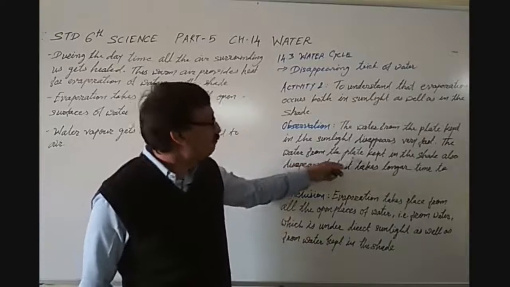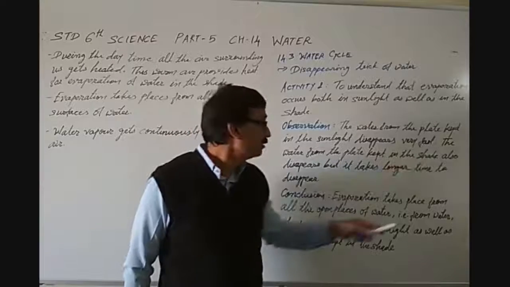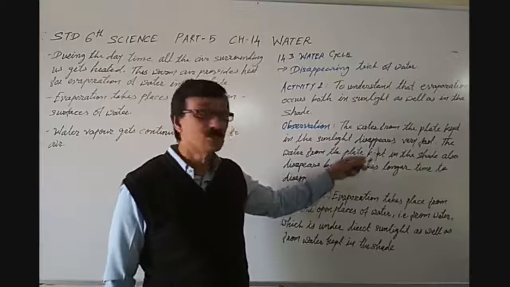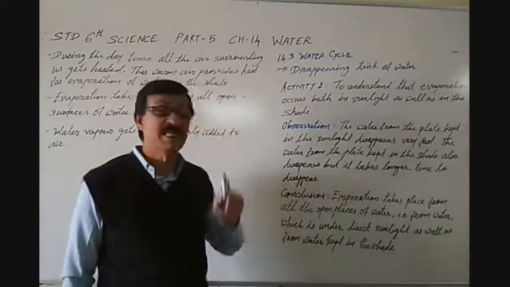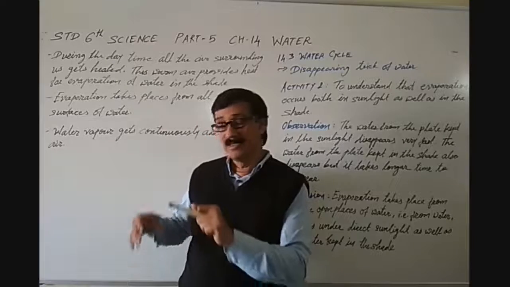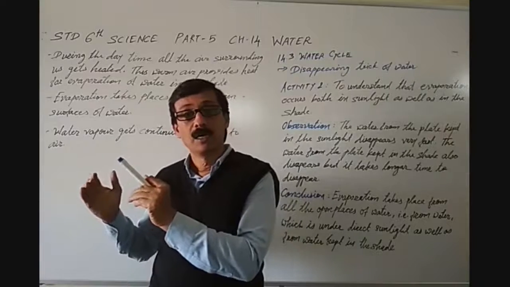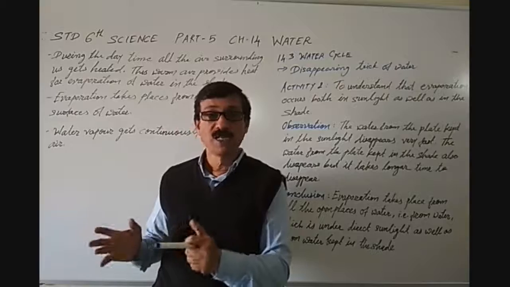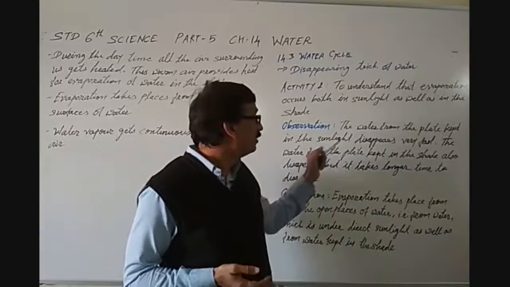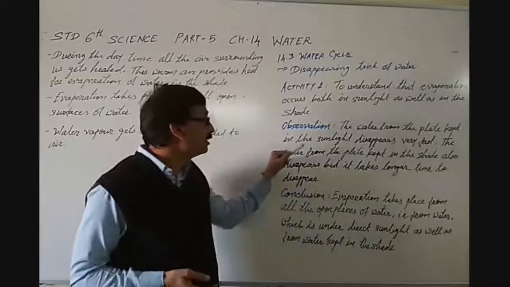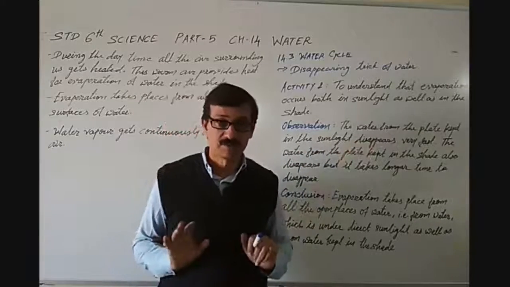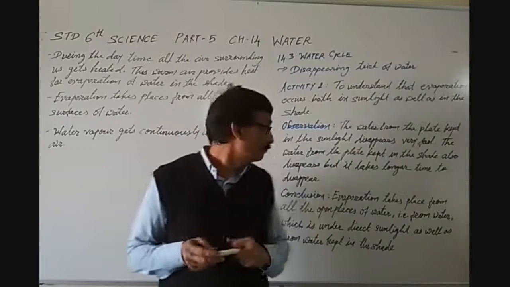The water from the plate kept in the shade also disappears, but it takes a longer time to disappear. But the plate we kept in the sunlight, that water disappears very fast. That is our observation.